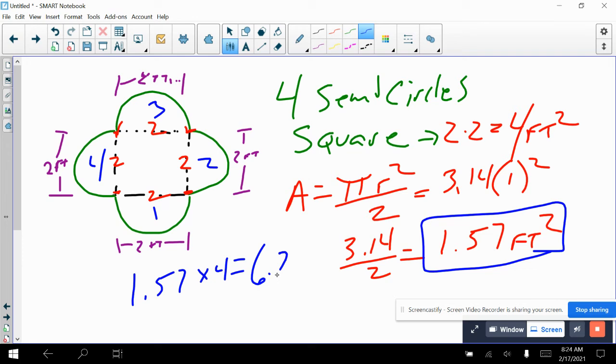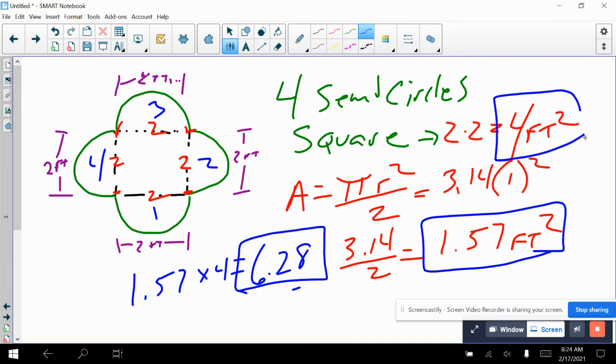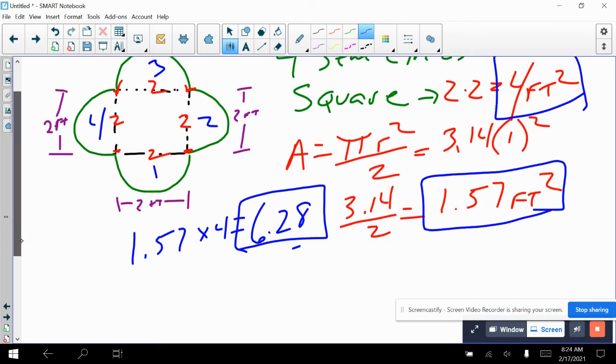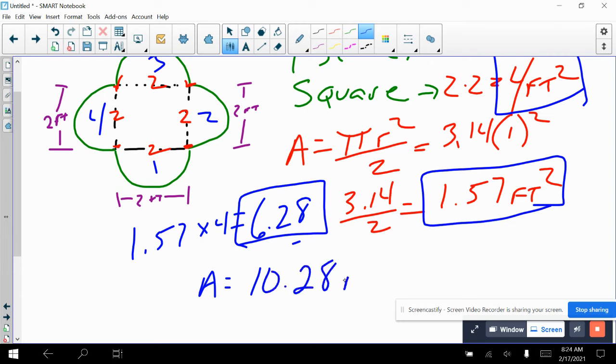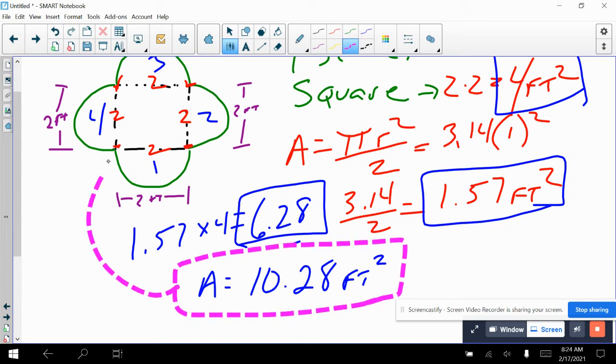That comes out to be 6.28. So now I've got 6.28 and 4, and I'm going to add those together. So the area of that figure, which I don't even know what you call it, is 10.28 feet squared.